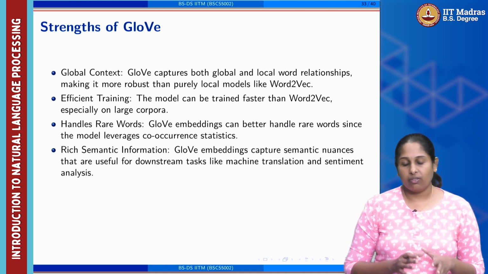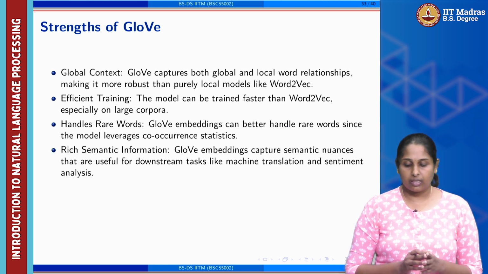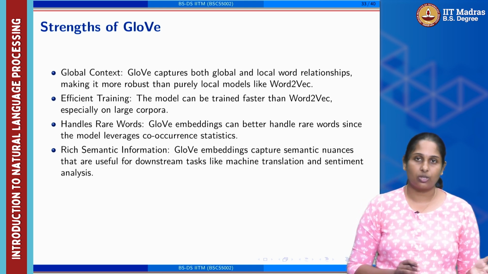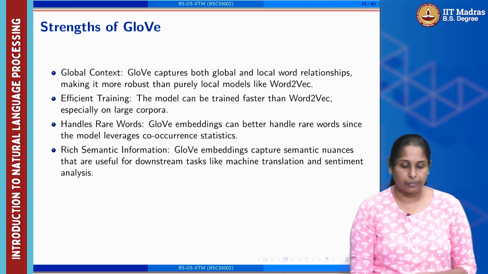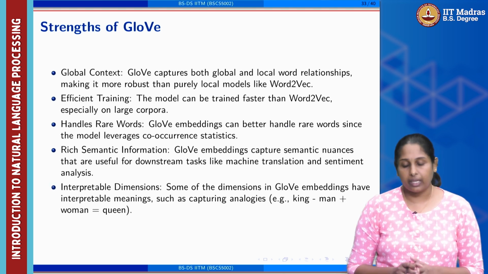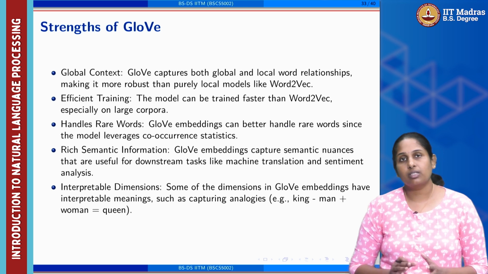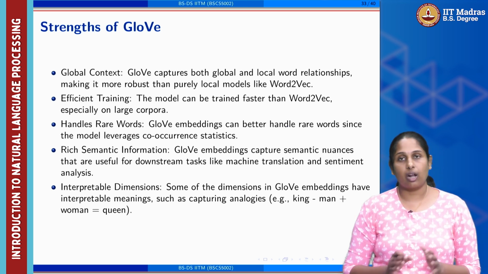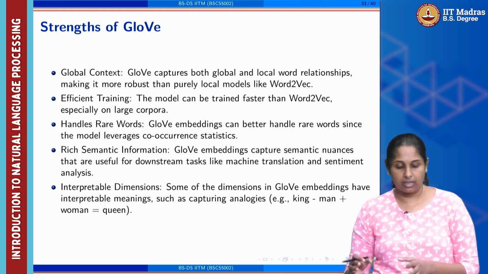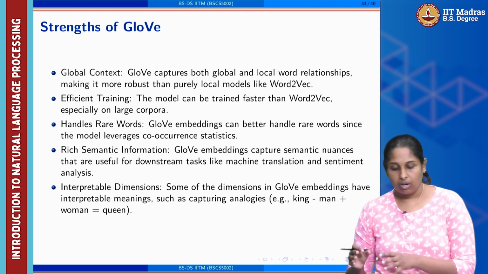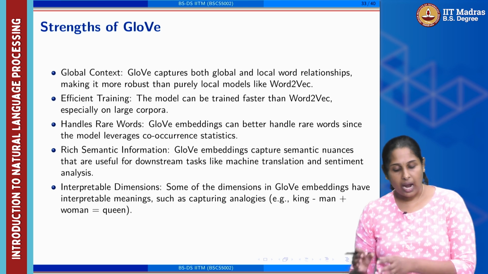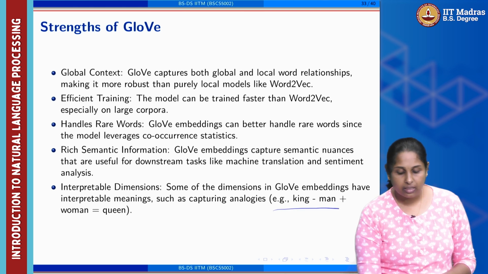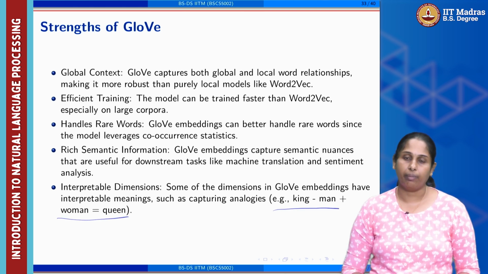Rich semantic information is captured through GloVe because it captures semantic nuances that are useful for downstream tasks like machine translation, sentiment analysis, and so on. And interpretable dimensions, because some of the dimensions in the GloVe embeddings have interpretable meaning, such as capturing analogies like king minus man, that is the male part, plus woman, if you add, it is nothing but queen, right? So understanding these analogies can also be done by GloVe.